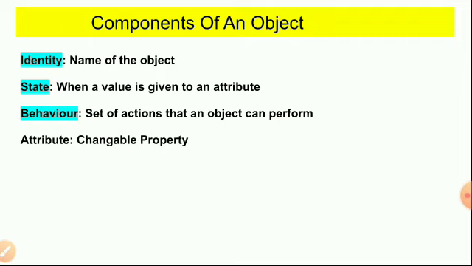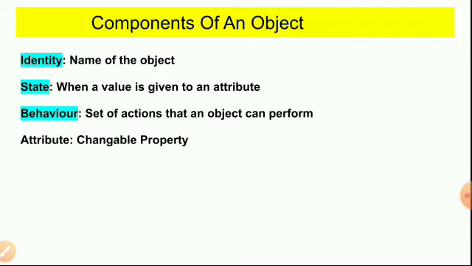So what is the state then? State means when you associate certain values with the attributes. Suppose the name of the dog is doggy one, the color of the dog is black. Is it hungry? Yes.